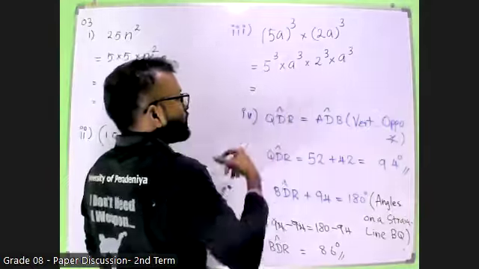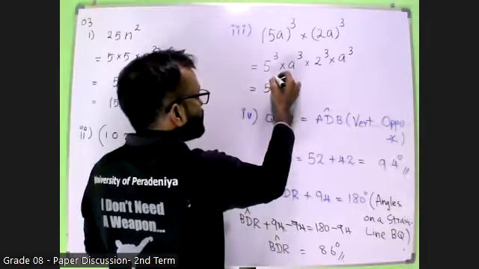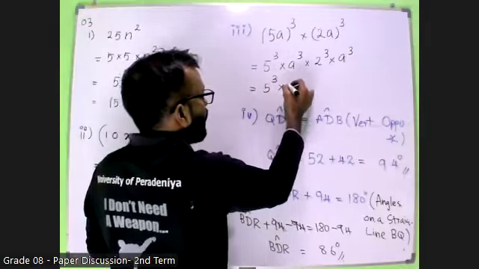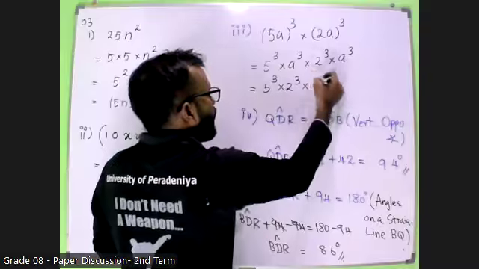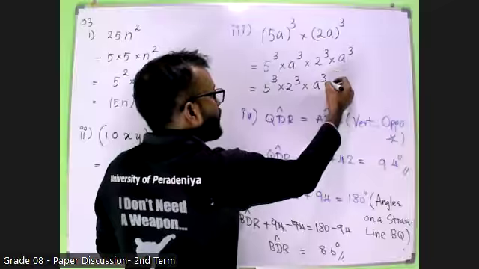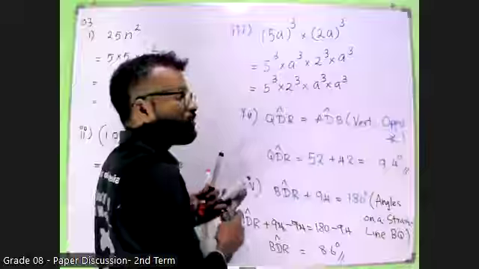So let's take the numbers together: 5 to the power 3, 2 to the power 3, and a to the power 3 multiplied by a to the power 3. Now you can see some pattern.